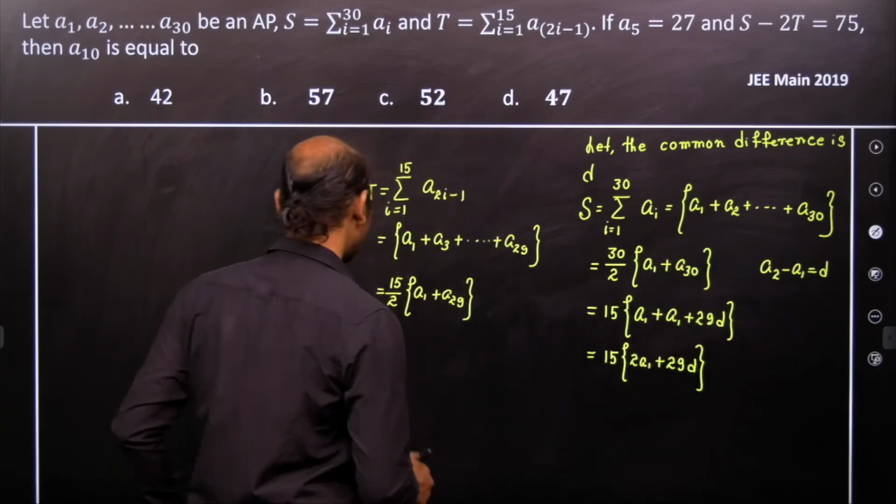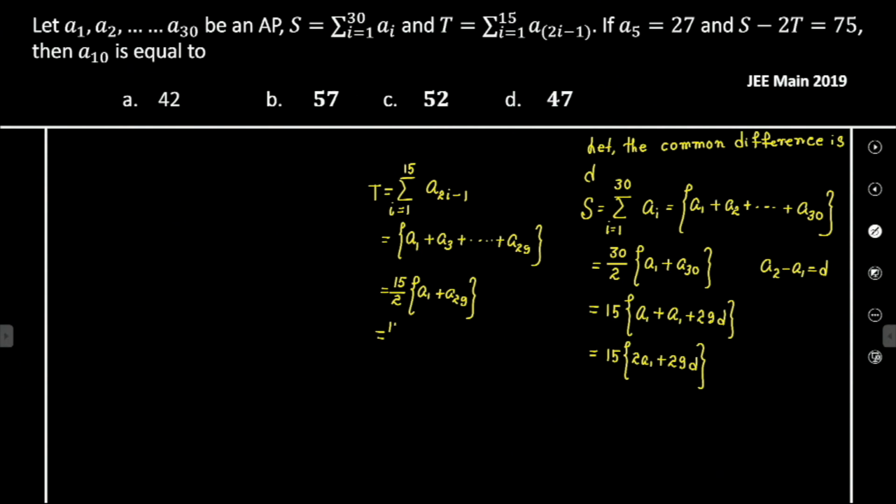Let's substitute that here: 15 by 2 times A1 plus A1 plus 28D. That completes that. It gets cancelled, take 15 common, and we have 15 times A1 plus 14D, and that's it.